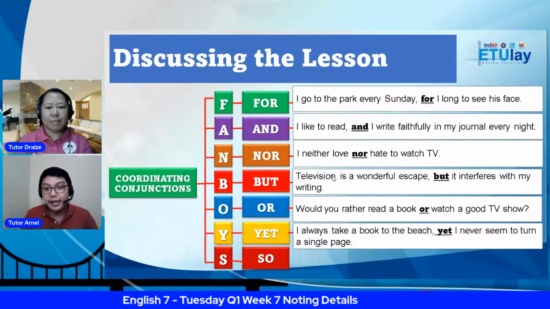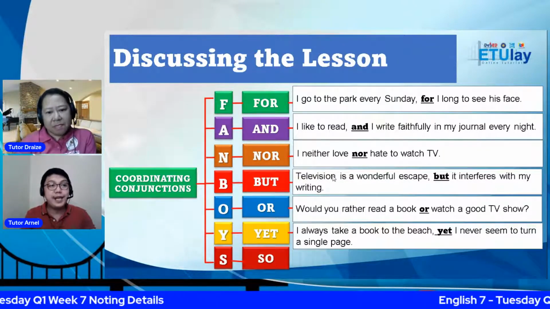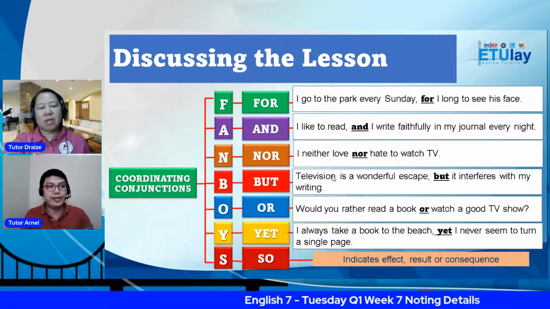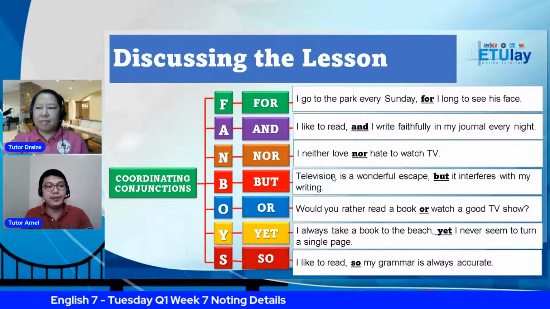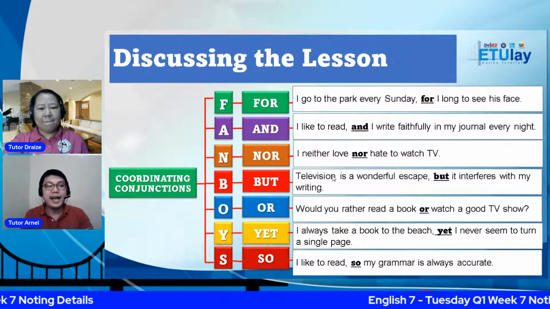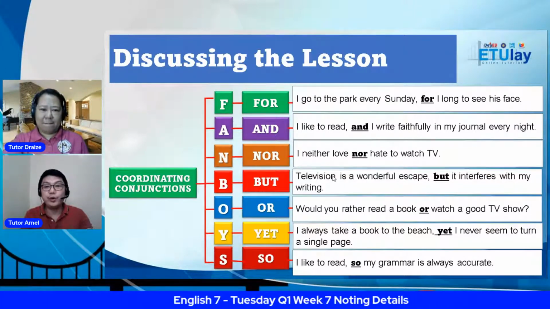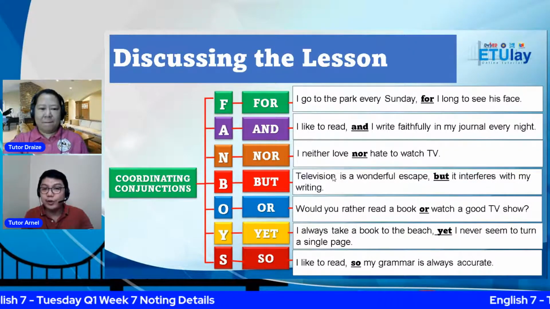It's quite similar to but, and the example of it is, I always take a book to the beach, yet I never seem to turn a single page. And of course, for so, it indicates effect, result, or consequence. An example of a sentence is, I like to read, so my grammar is always accurate. So don't forget the coordinating conjunctions, FANBOYS: for, and, nor, but, or, yet, so.